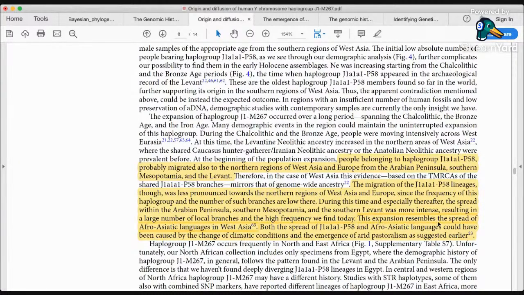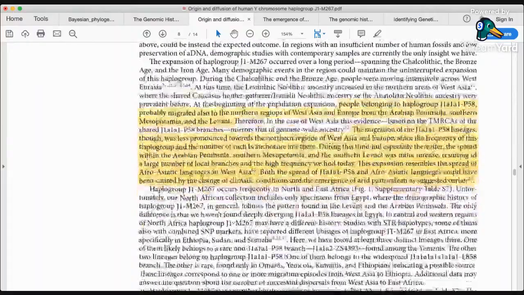This expansion resembles the spread of Afro-Asiatic languages in West Asia. Both the spread of J1 A1 dash page 58 and Afro-Asiatic languages could have been caused by the change of climatic conditions and the emergence of arid pastoralism, as suggested earlier.